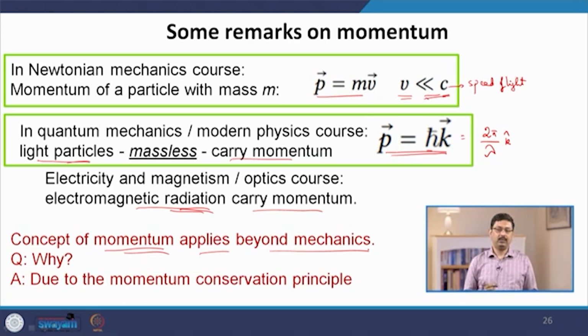This is actually a sign that momentum is a really useful concept, so that people try to apply the same concept in more and more different situations and try to generalize its definition. And where does this importance lie? The answer lies in the conservation of momentum. The law of conservation of momentum, we shall discuss in a later part of this course. That is why people find the concept of momentum so important.